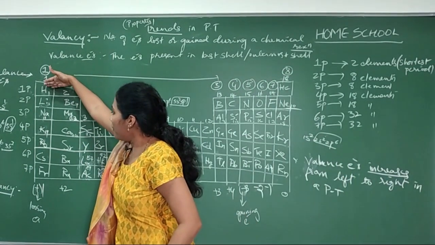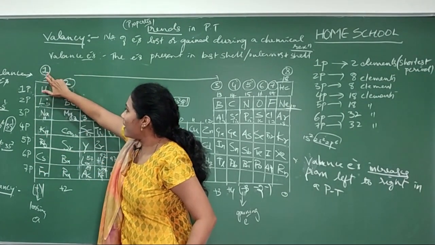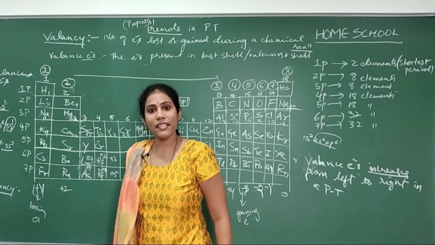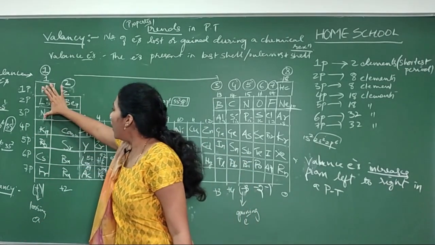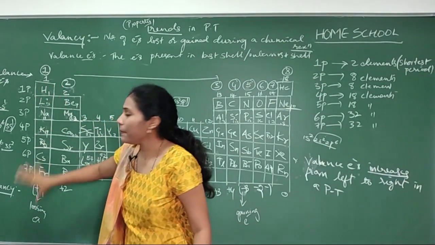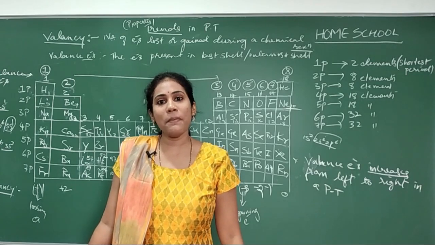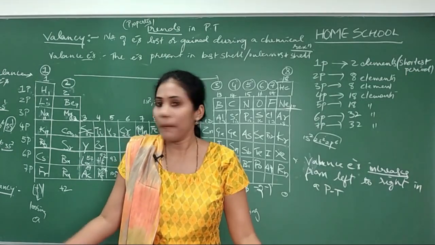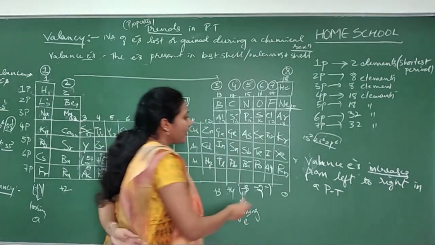I am going from hydrogen to francium. What is happening for my valence electrons number? Nothing, there is no change. All the elements present in the same group will have the same valence electrons. The valence electrons may be present in a different shell, but same valence electrons. Yes or no? So what will you write here?